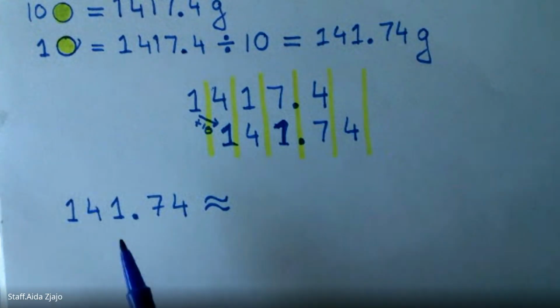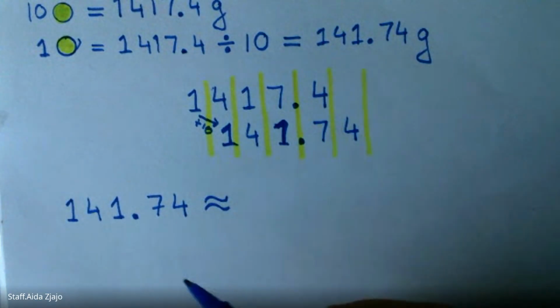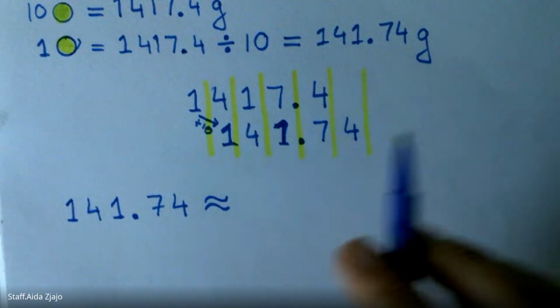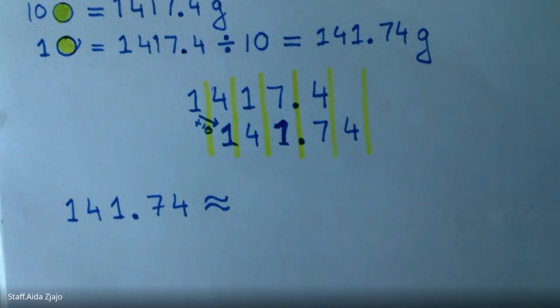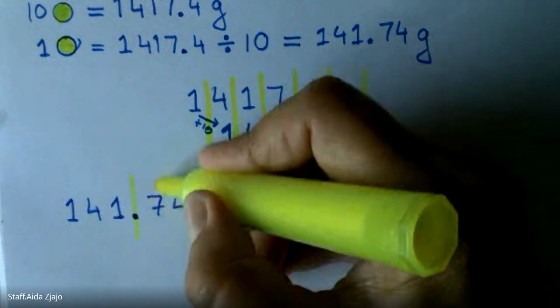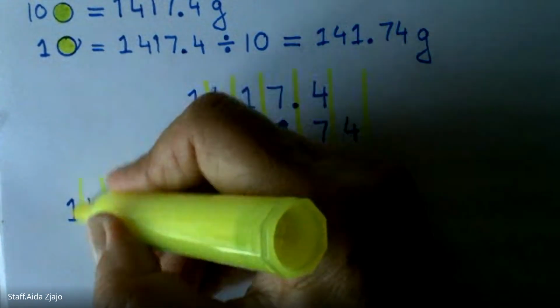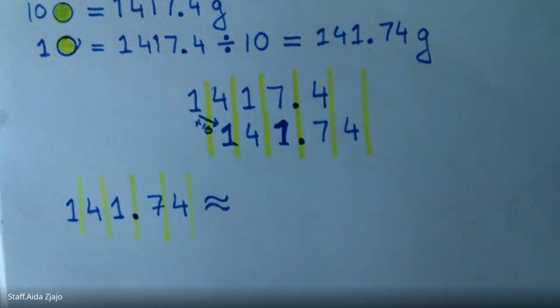They said first to the nearest tenth. So I can look at these, these are ones.